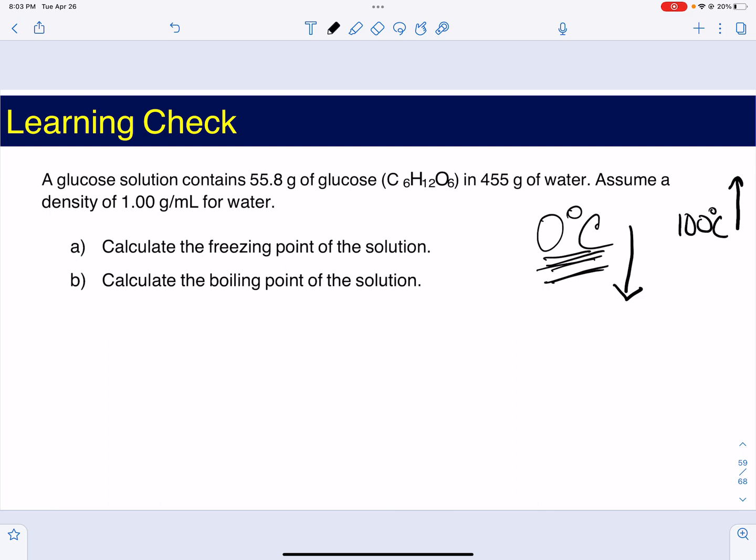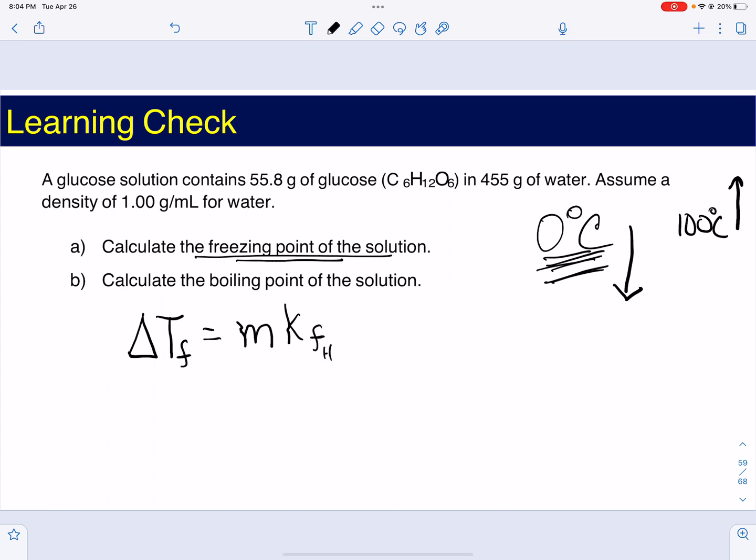So how do we calculate the freezing point of the solution? Well, the formula we use for that is the change in temperature for the freezing point is going to be the molality times a constant for the solvent.